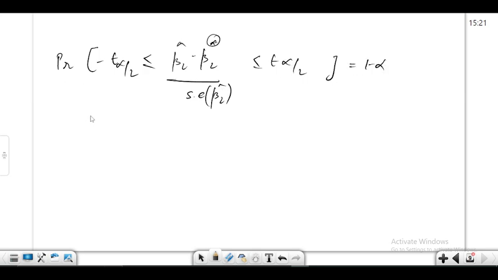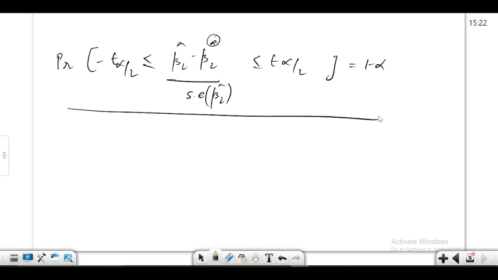So this is the formula of the probability that your experimental beta 2 hat value lies in this range. So what is the probability? So I have to test whether the beta 2 hat value is lying in a certain range around the specified beta 2 value, which is equal to 0.5. That is the null hypothesis. And what is the probability of that?